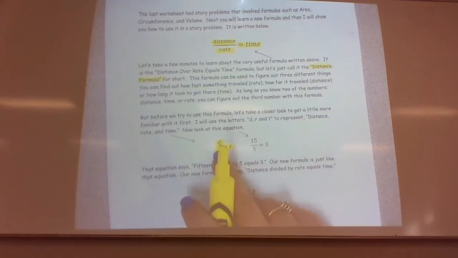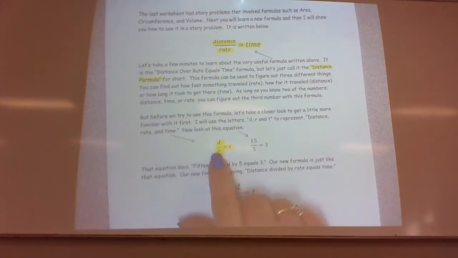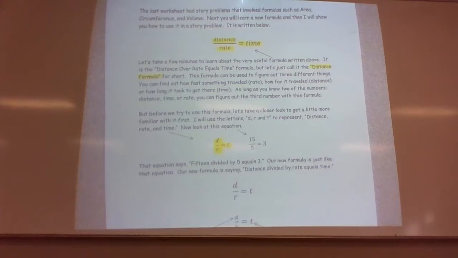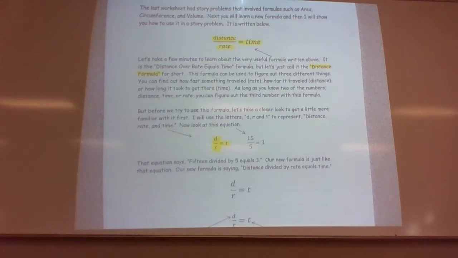We know that that symbol right there, it looks like a fraction symbol, but we know that that is a division symbol in mathematics. And we know that we have to substitute our numbers in for distance, rate, or time, and by doing so we can essentially find out the answer for our problem or for whatever we are trying to solve for.